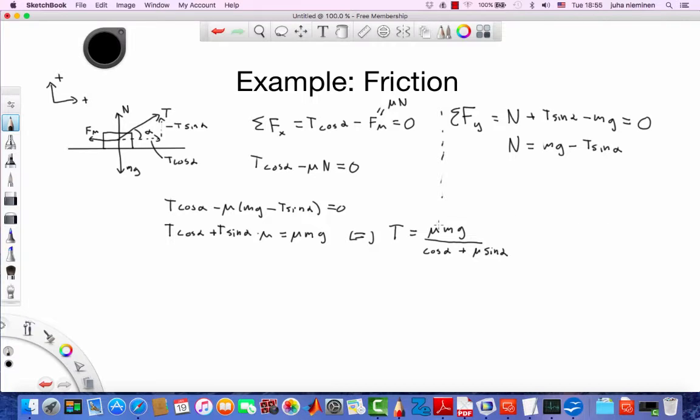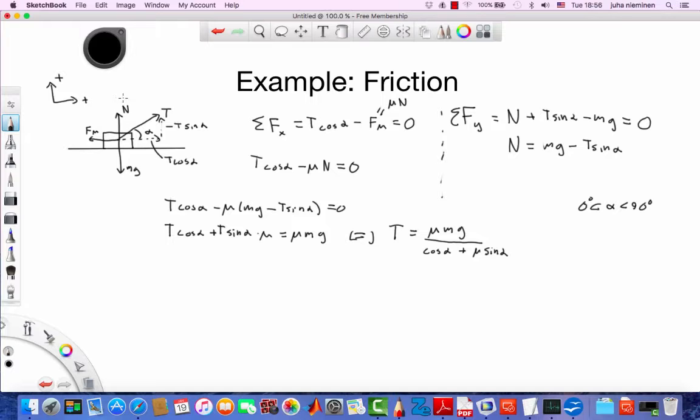And here we see what I claimed in the beginning, that the tension force depends on the angle alpha. And how do we find the minimum? First of all, let's say that alpha has to be somewhere between 0 and 90 degrees, so that we are pulling to the right. And at the maximum case, we are pulling it straight up.